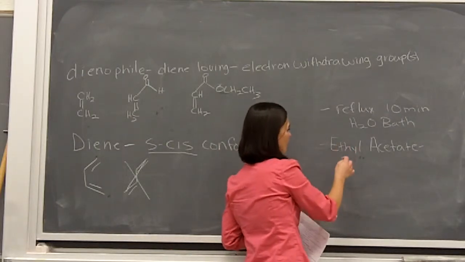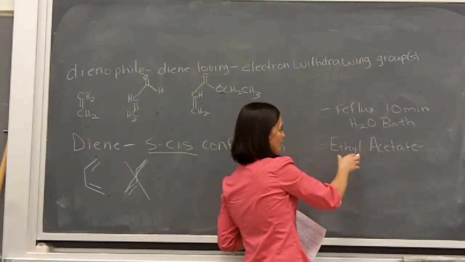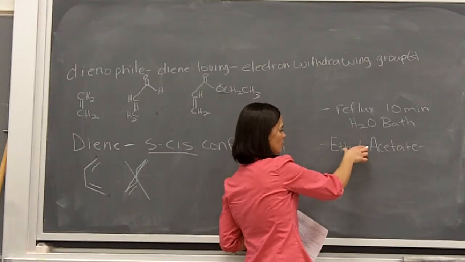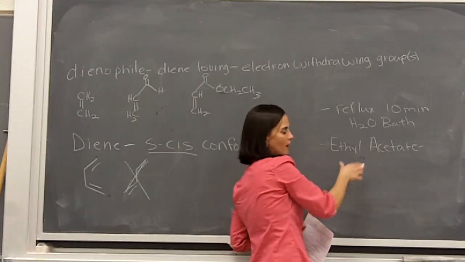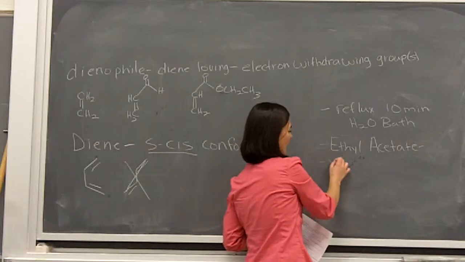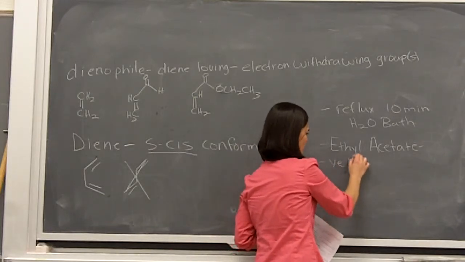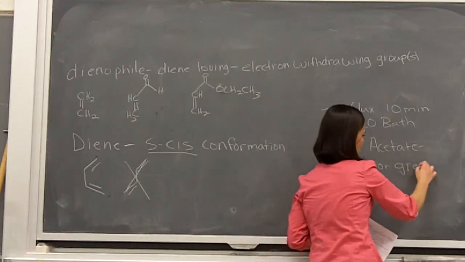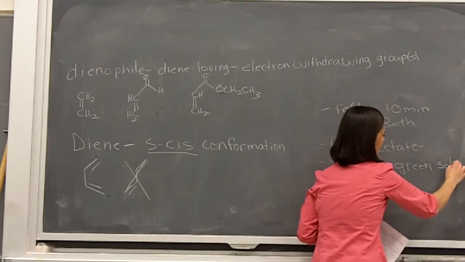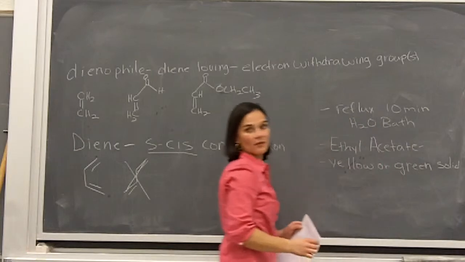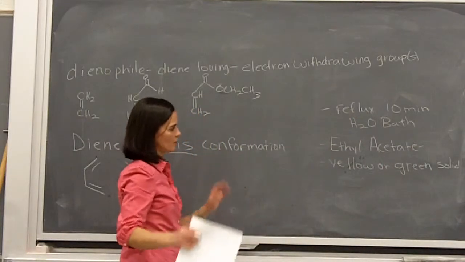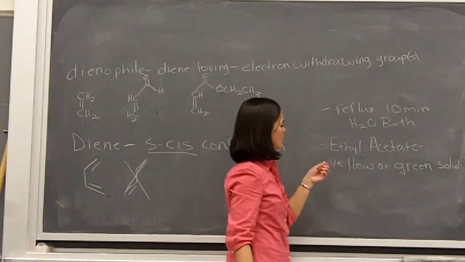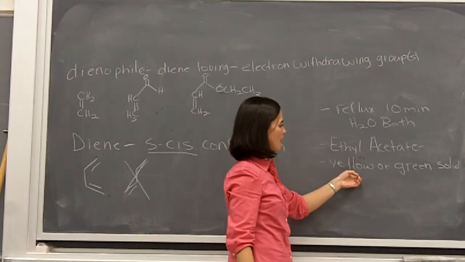So you're going to have your product, your starting material. Your dienophile is either a yellow or a green solid. And either one will work just fine. So one lab has green solid, one lab has yellow solid. That's just the way it ended up broken up. So you have this yellow solid.